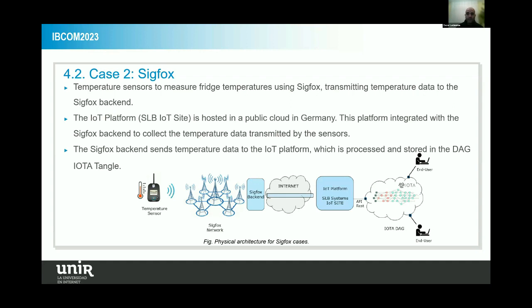This involved performing a transaction in the DAG where the temperature data was stored in the corresponding address for the sensor. These addresses are in the DLT, because it's basically a DLT like a blockchain.